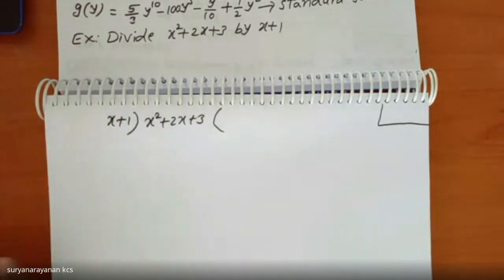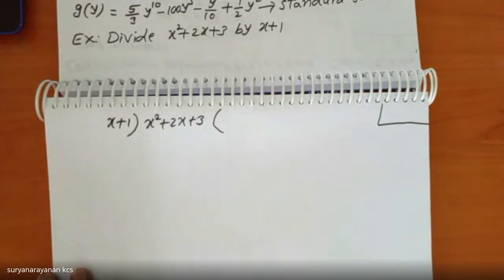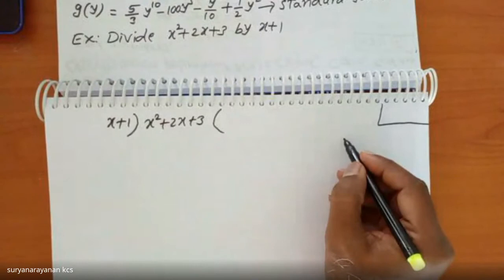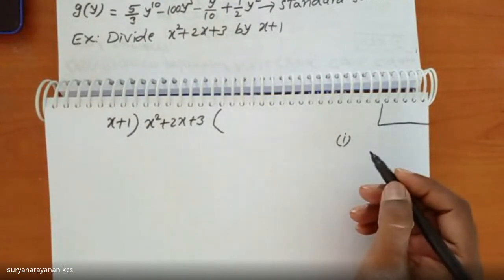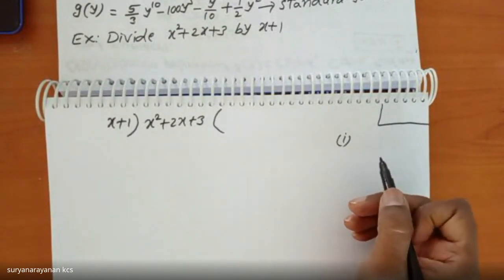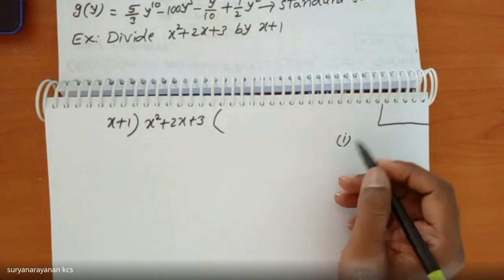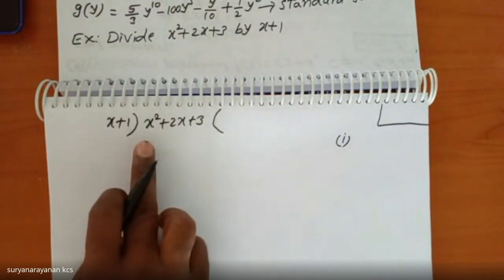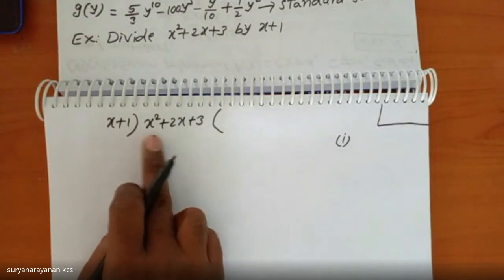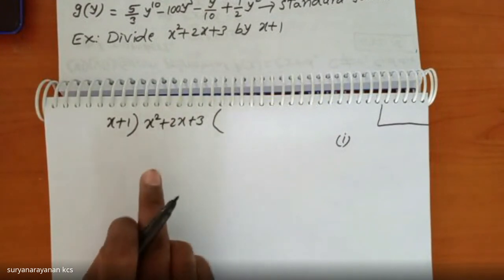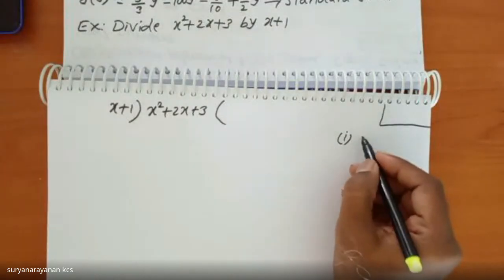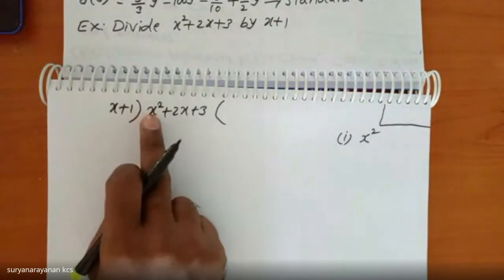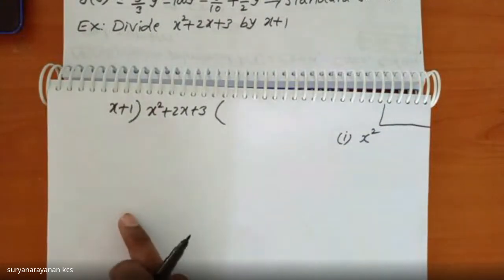So how to divide this polynomial by this polynomial? Please remember these points. Please listen to these steps, my children. Step 1. What is the first term in this dividend? So x square. Write here x square, whatever the first term is, as it is.